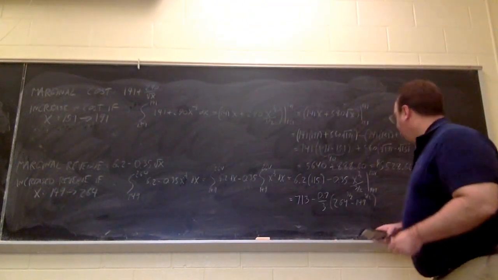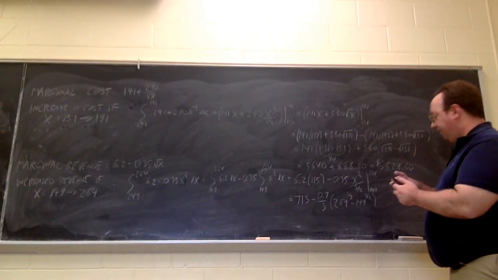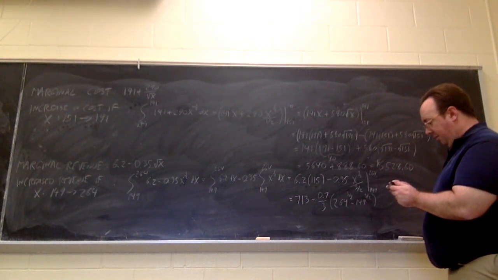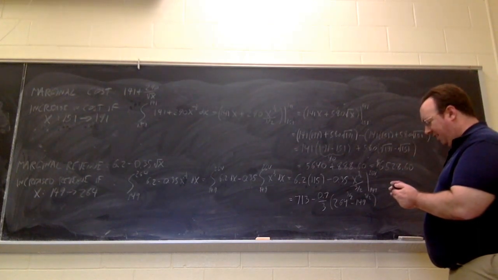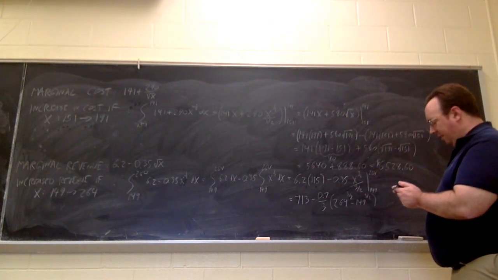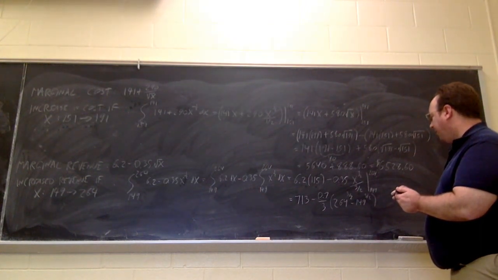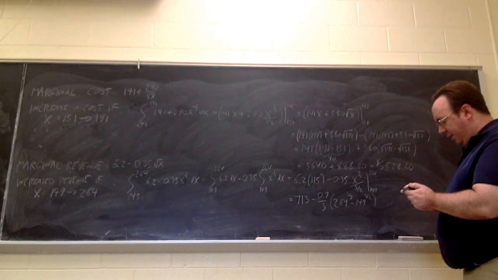So what will happen is when I plug in 264 to the 3/2 power, or the 1.5 power equivalently, that's a pretty large number. It's over 4,000. And then minus 149 raised to the 1.5 power, that somewhat brings it back down to earth. And then we multiply that by 0.7, and then we divide that by 3.